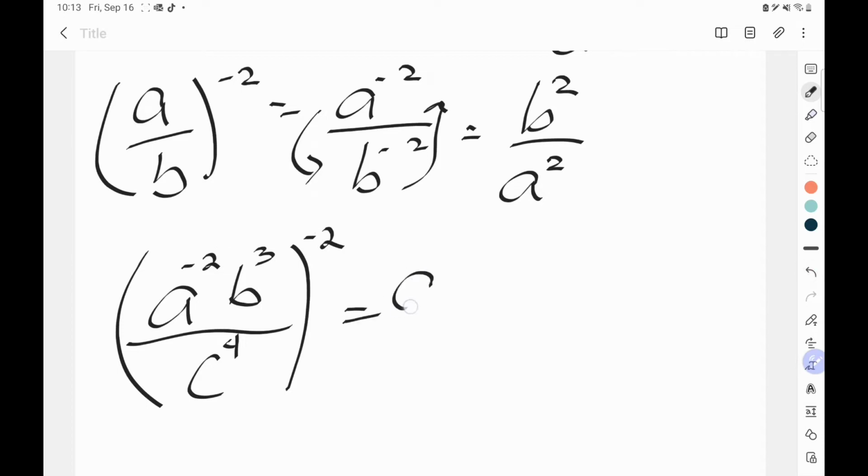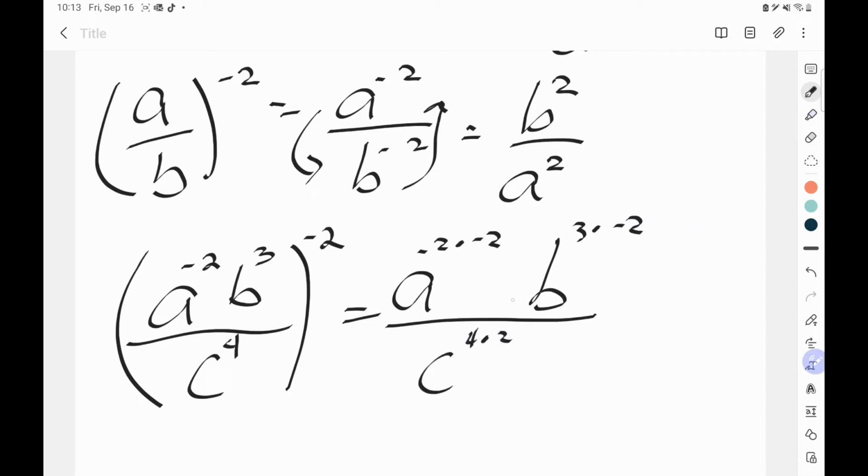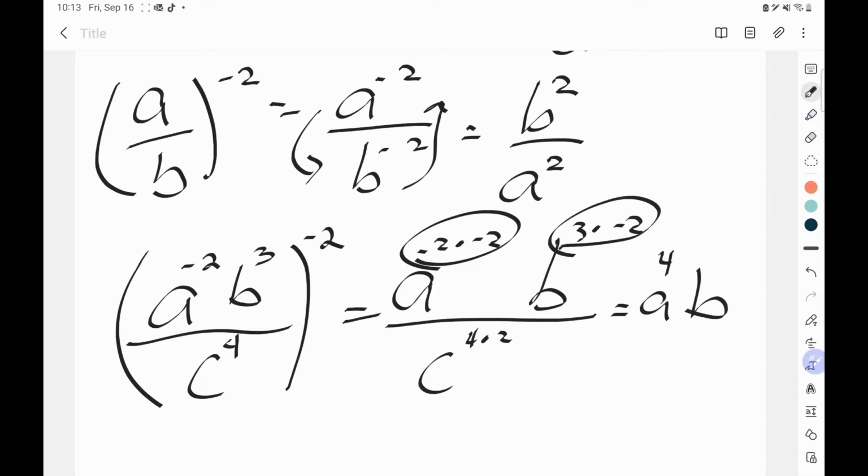So we have a to the power of negative 2 times negative 2, and b to the power of 3 times negative 2, all over c to the power of 4 times negative 2. Okay, so let's try to answer that. We have a to the power of positive 4, because negative 2 times negative 2 is positive 4, and then b to the power of negative 6 all over c to the power of positive 8.